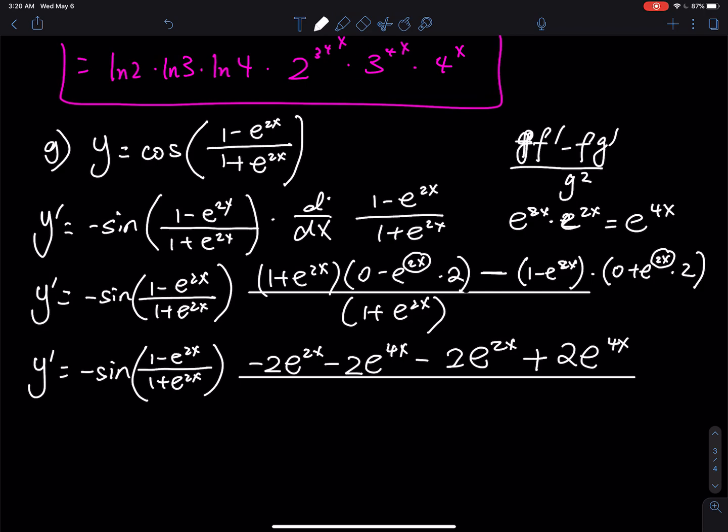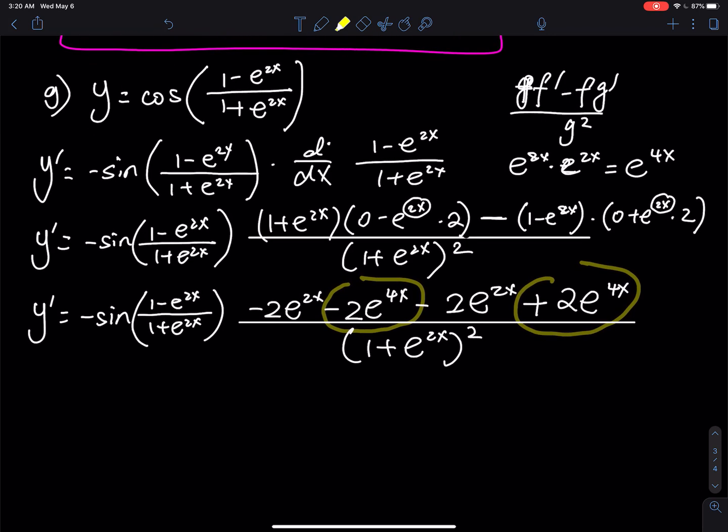So you can definitely do some cancellation, forgot the square, (1 plus e to the 2x) squared. So this one, how do you do some simplification? The e to the 4x is gone, right? So this one and that one, they got cancelled, and then the rest you have a negative 2 minus 2, you have a negative 4.